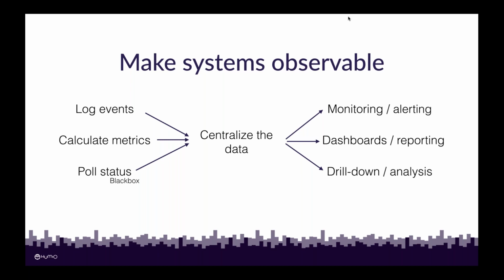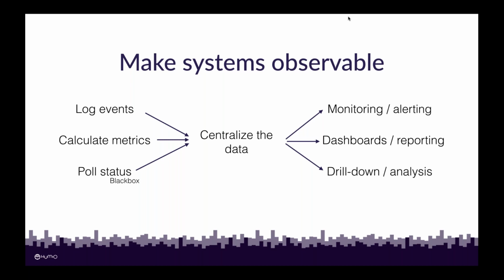Also, we calculate metrics inside our systems, like the number of requests per second or the amount of memory use and such. And lastly, there's also a lot of systems that pull status from other systems. So like you ping a server, or you make an HTTP request for a status page, so that you can check if your systems are running.